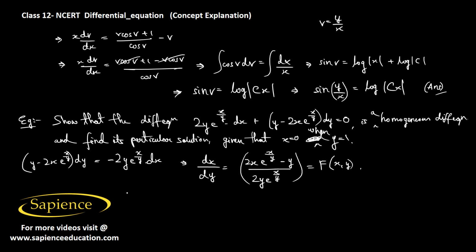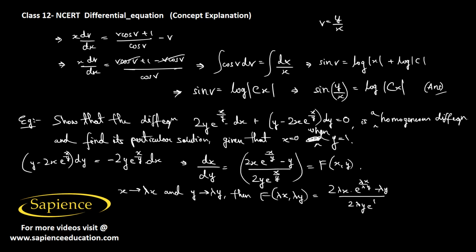Then if we replace x with lambda x and y with lambda y, f of lambda x comma lambda y will be equal to 2 lambda x e power lambda x by lambda y minus lambda y divided by 2 lambda y e power lambda x by lambda y.